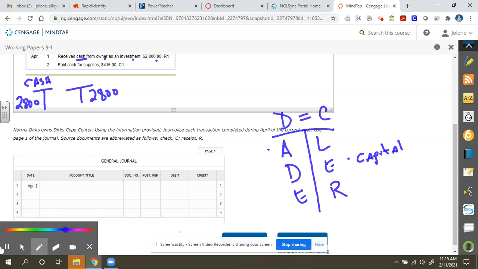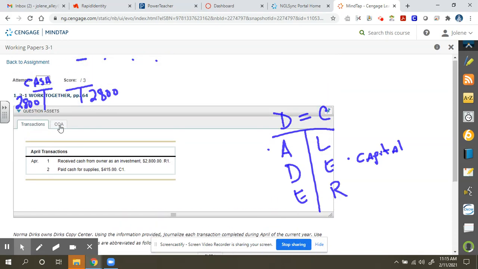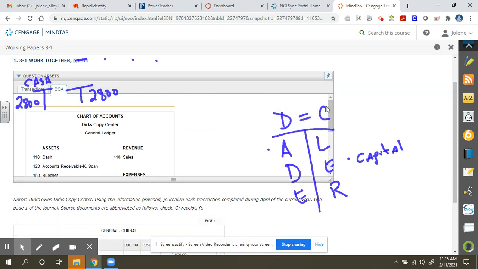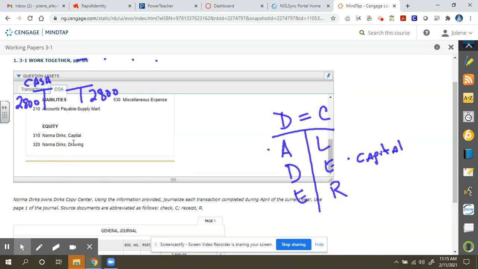So now I'm going to go down here to my general journal, and my cash is going up, $2,800. Here I'm going to put Norma Dirks Capital. And you say, well, Miss Allie, where'd you get that from? Well, let me show you. In the chart of accounts, I go under equity, and there it is, Norma Dirks Capital.